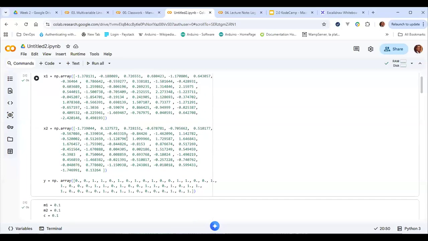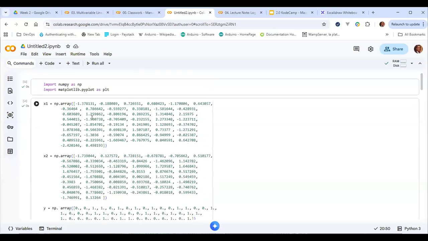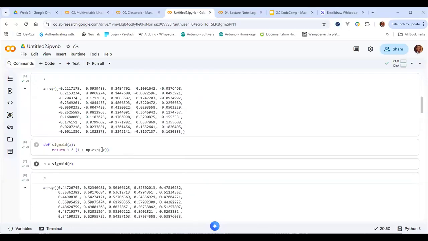Let me talk about vectorization. But I'll come back to this. Definitely something will pop up.